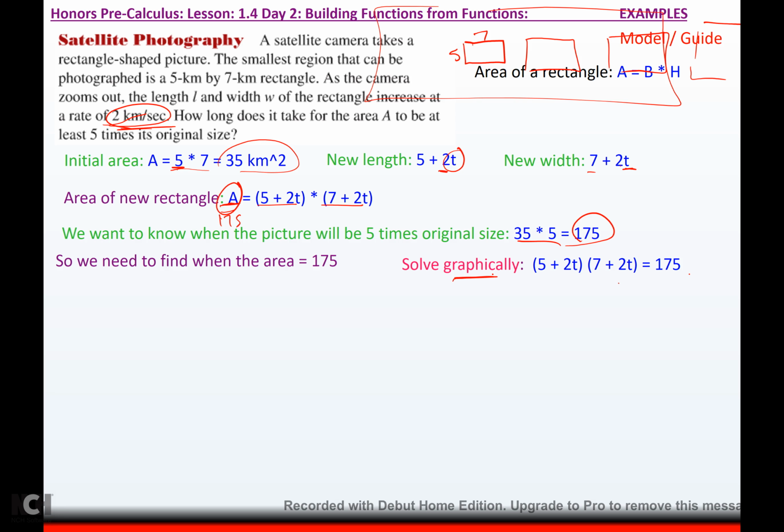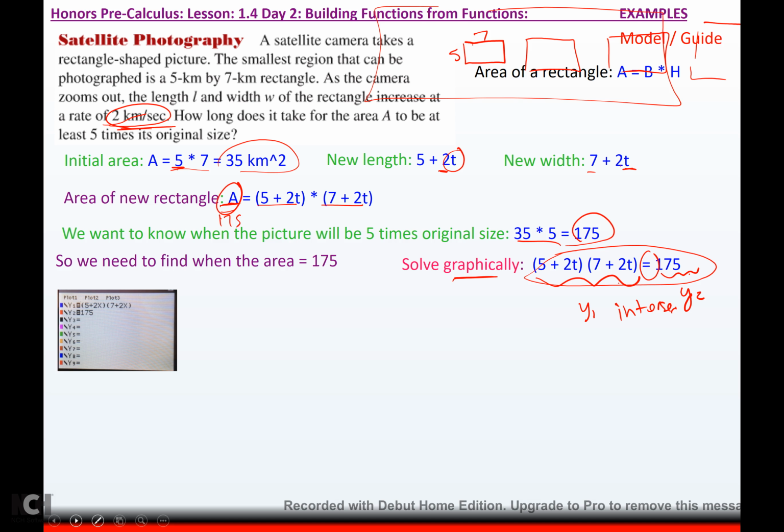Whenever you have an equation and you're trying to solve it, and you use this on the ACT, SAT, all the time, you can always type one side in for y1 and the other side in for y2 and then calculate the intersection, because that's when they will be equal. So that's what we're going to do. You're going to go to y equals and type in this for y1 and 175 for y2. Then you're going to set your window.